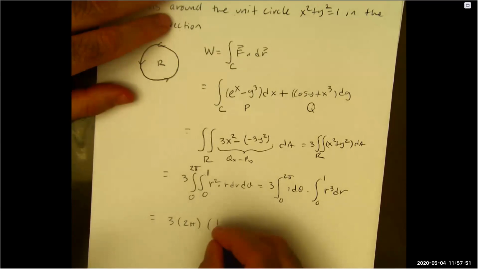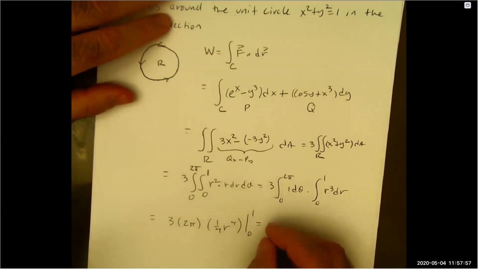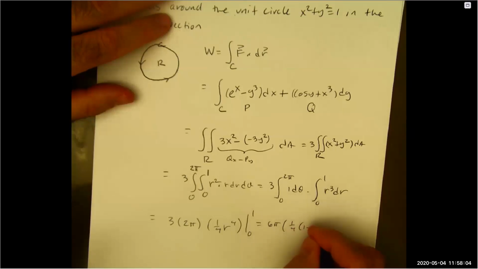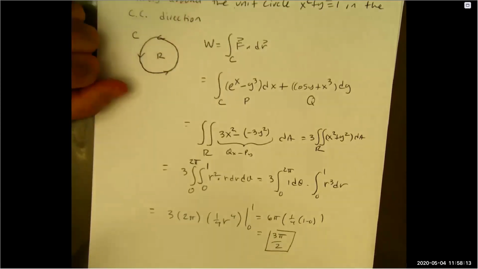This is going to give me 1/4 r to the 4th from 0 to 1. And so I'll have 6 pi times 1/4 of 1 minus 0. And so that gives me 3 pi over 2. And so kind of a pretty straightforward problem.